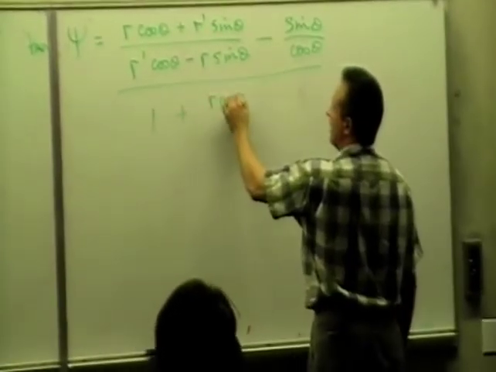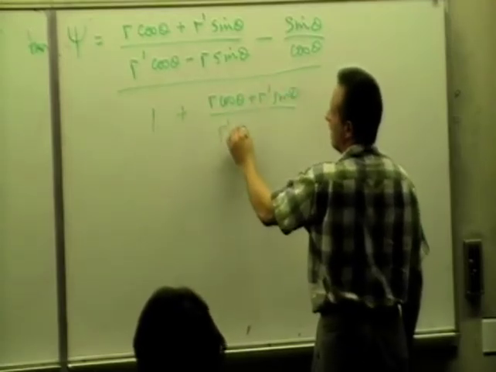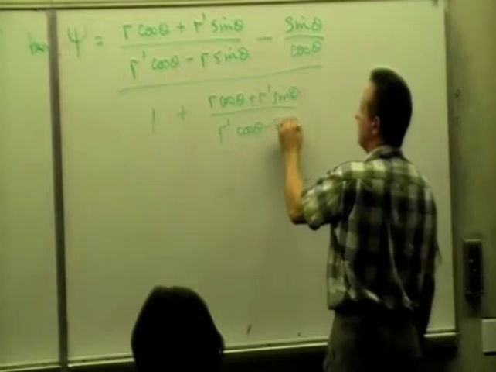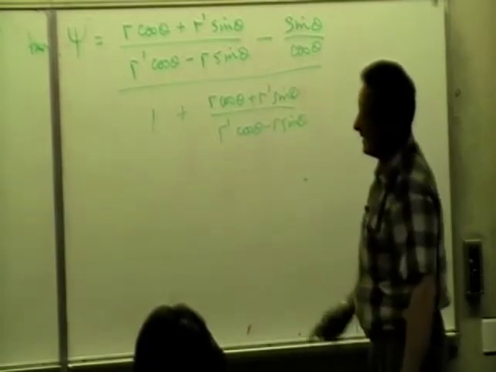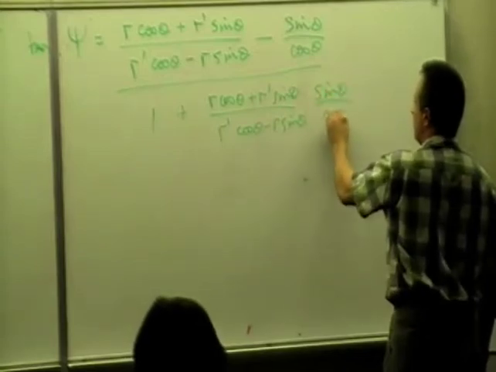That's r cosine theta plus r prime sine theta over r prime cosine theta minus r sine theta, times the tangent of theta, which is sine theta over cosine theta.